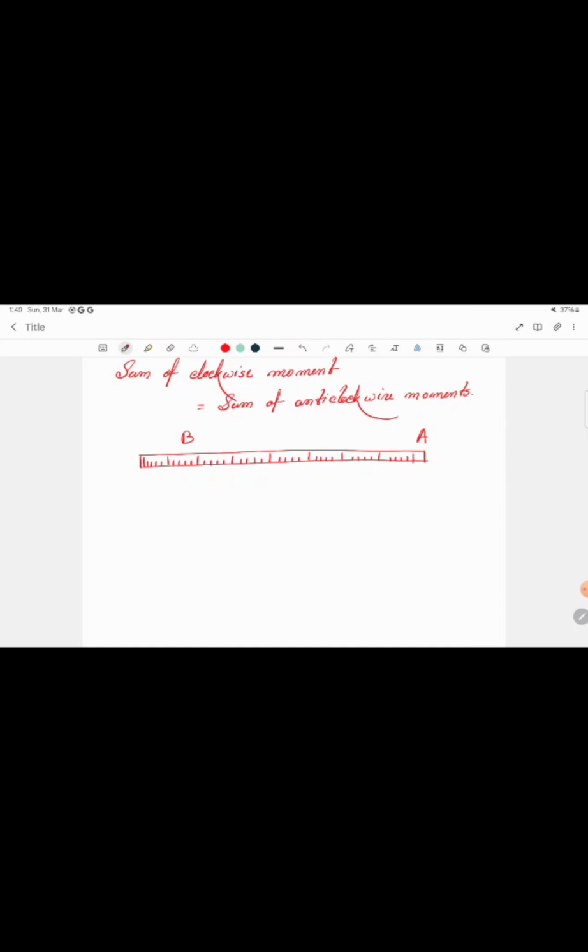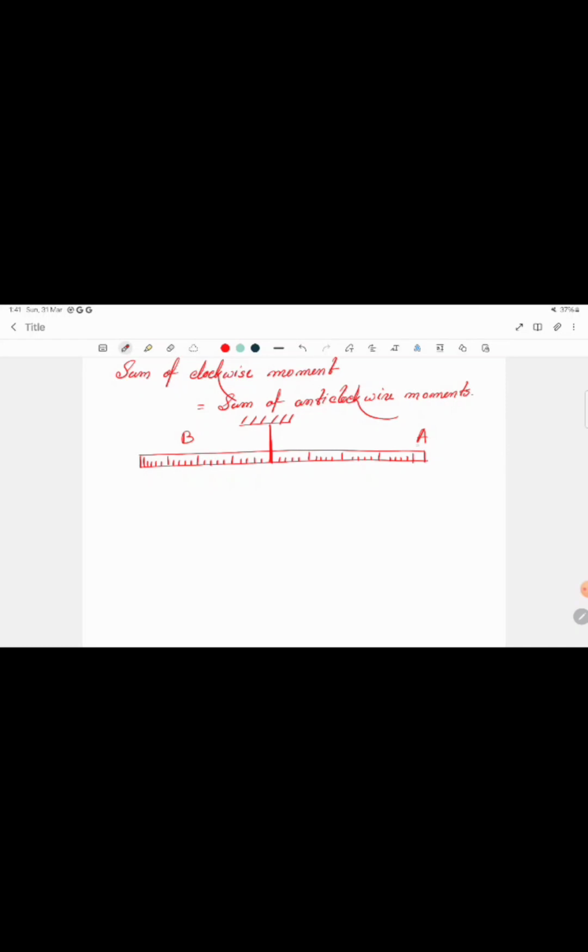Now suppose we are having two springs at both the ends A and B, and it is supported at one point. Suppose in this position it is hanged. One support is there.